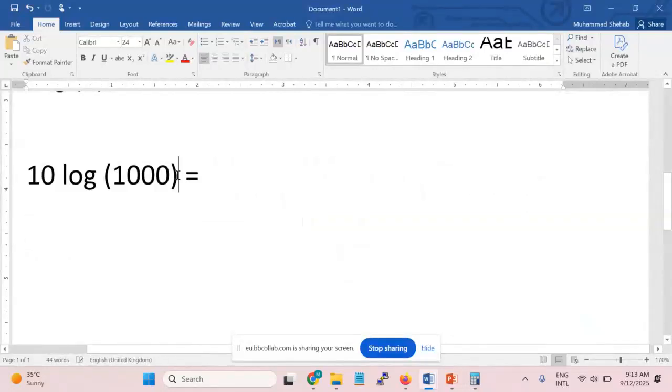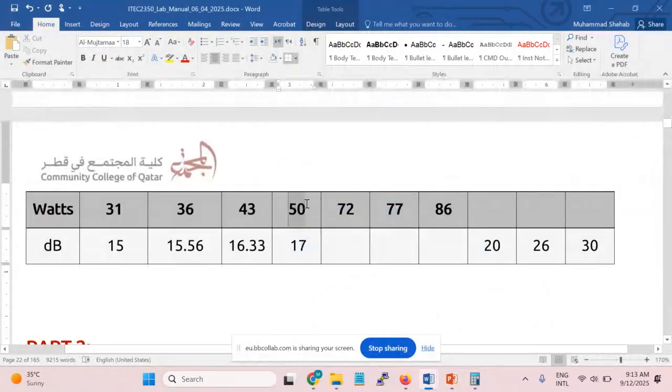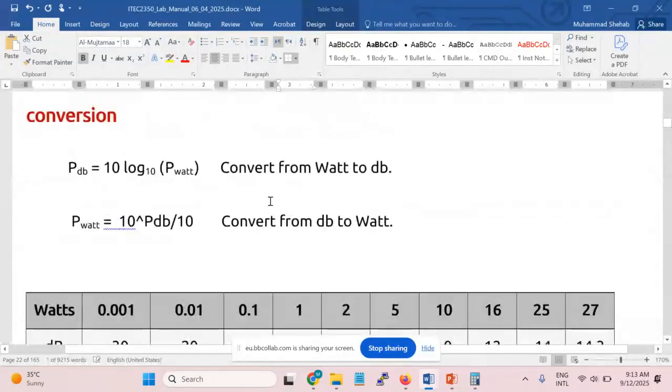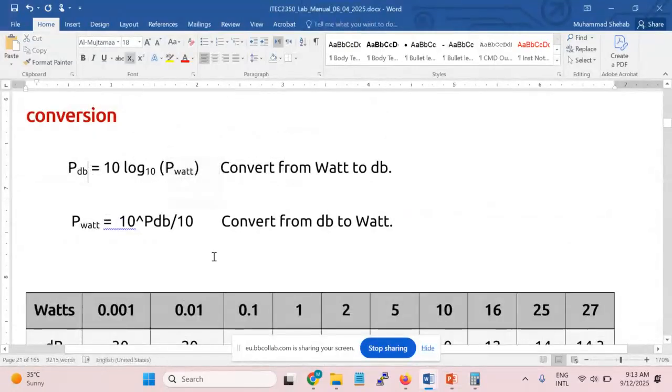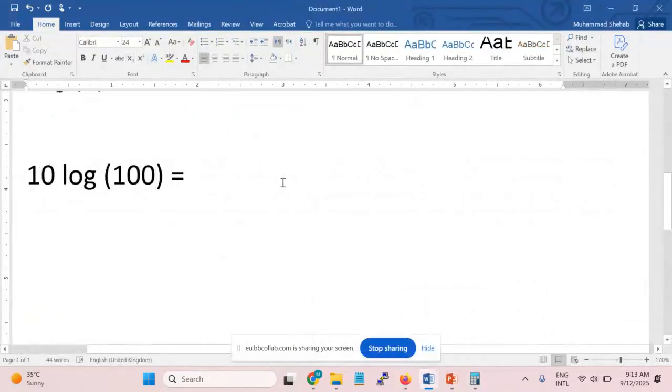Log of 100, how much? If I have 100 what? How much does it equal in dB? 10 log of 100.